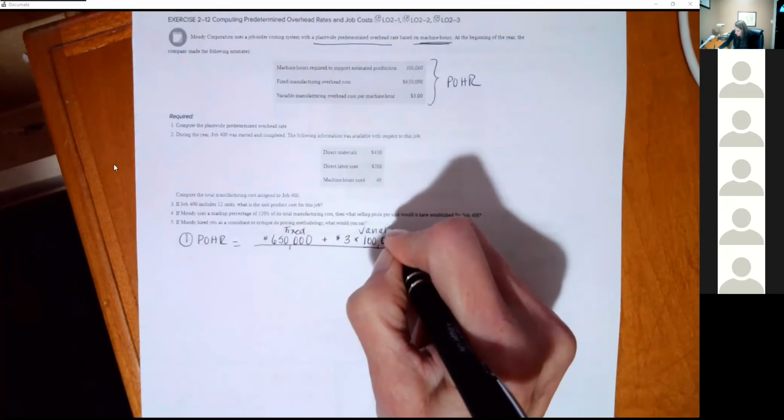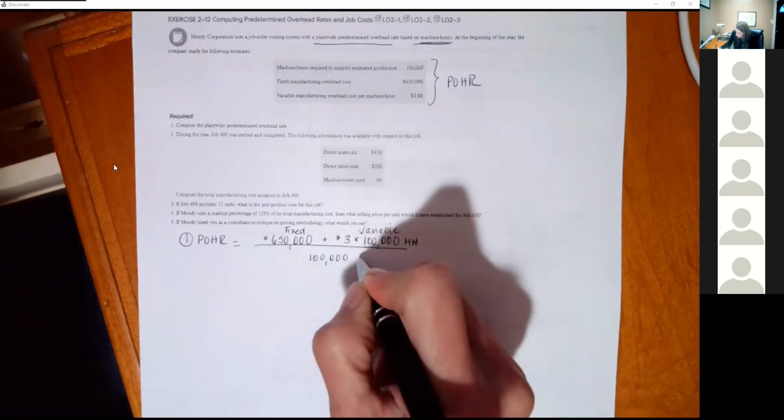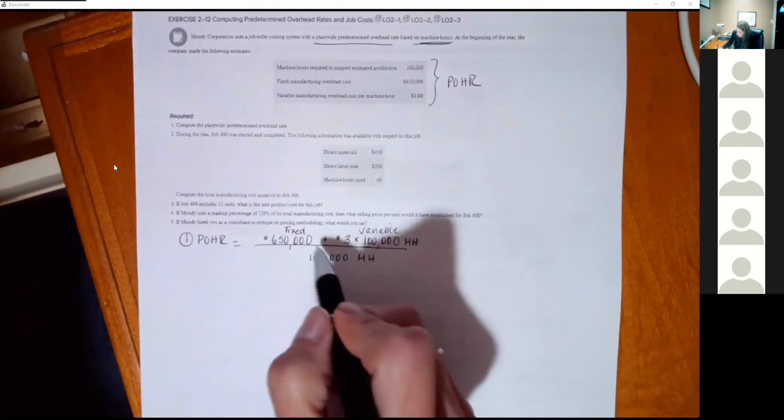Good, so this is my fixed component, this is my variable component. And then what am I going to divide by? The 100,000 again. Right, we divide by the estimated activity level, and that's 100,000. Remember, when there's a variable component, this number is going to show up here, and it's also going to show up here.